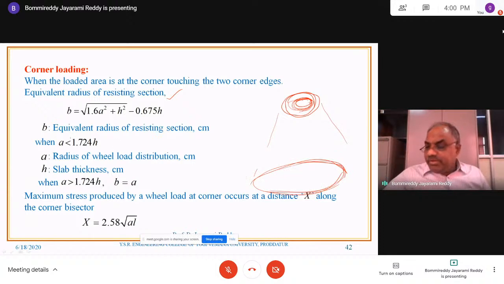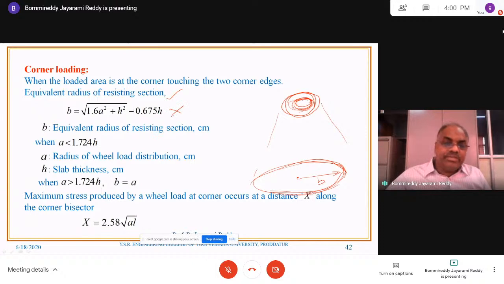So here B means the equivalent radius of resisting section. This distance is called the B value, and it is given by B equal to the square root of (1.6 a square plus h square) minus 0.675 h.